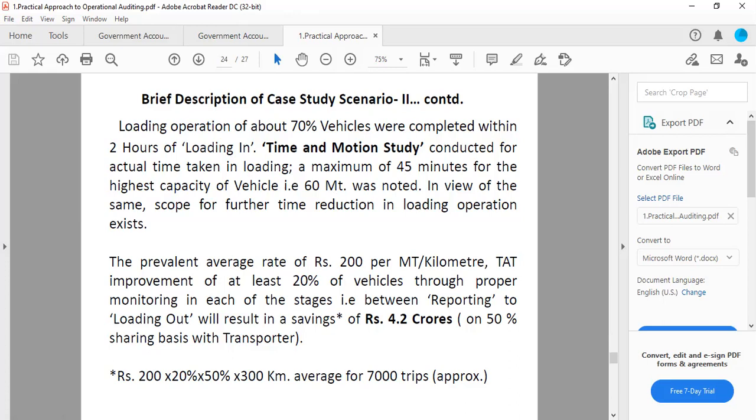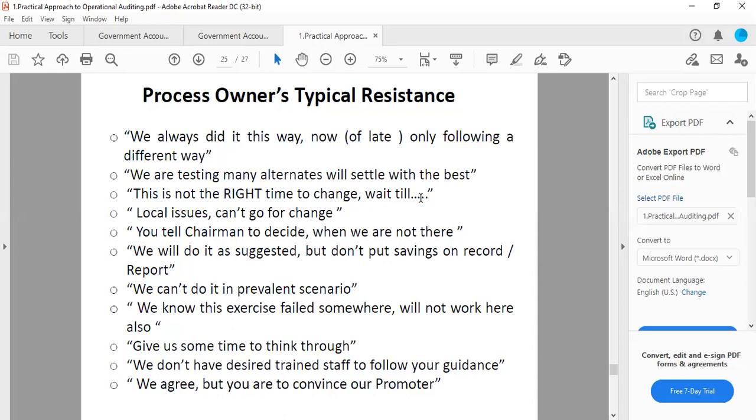approximately. Next is the process owner's typical resistance. There could be some concerns about changes in the company, and resistance to change would always be normal since it would involve dramatic adjustments to the company or organization as a whole.